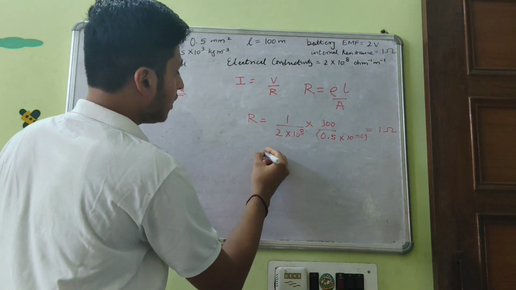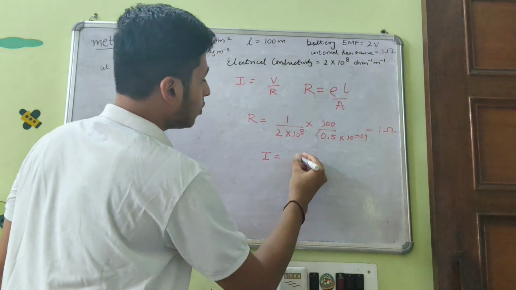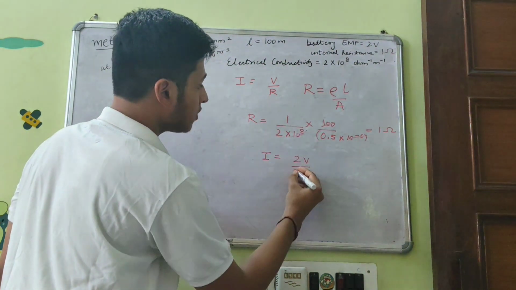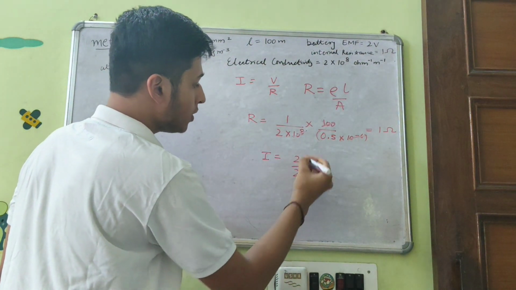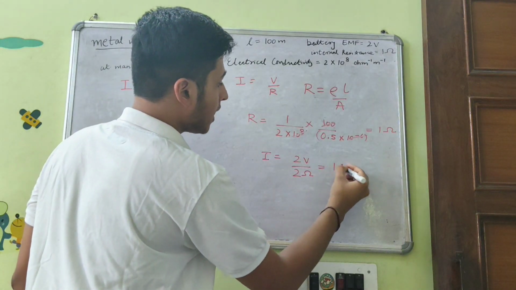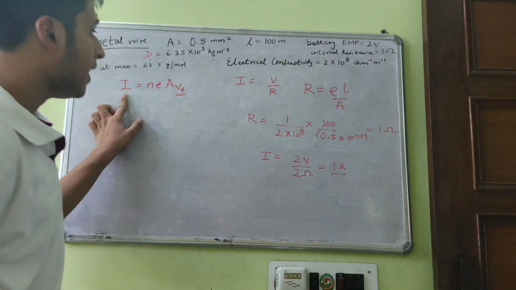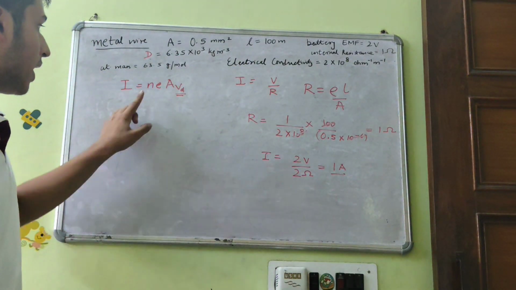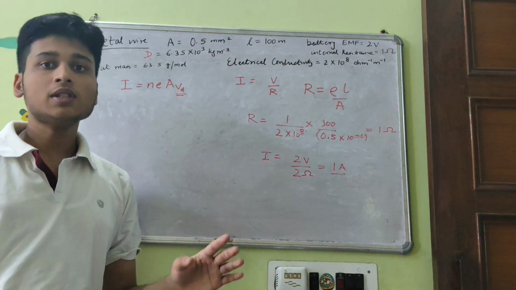Current will be V, 2 volts over total resistance of the circuit, 2 ohms. So 1 ampere current. So this I is 1 ampere. N is the number of electrons per unit volume.